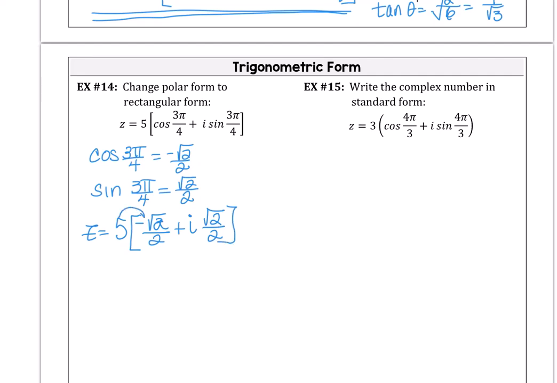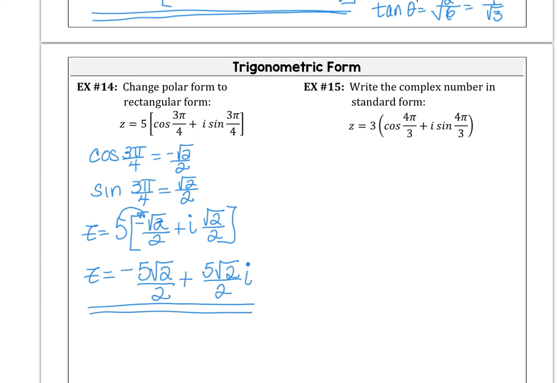And then we can distribute the 5 to both terms. So the rectangular form is negative 5 times the square root of 2 divided by 2. That's our real number part. And then our imaginary part is positive 5 square root of 2 over 2 times the imaginary part. We converted polar form up here to rectangular form down here.